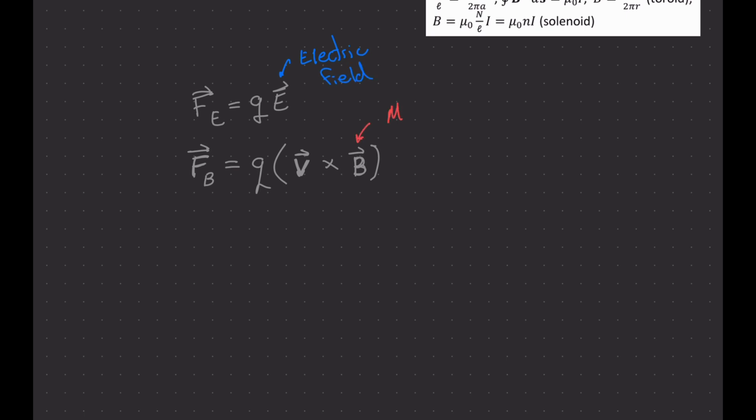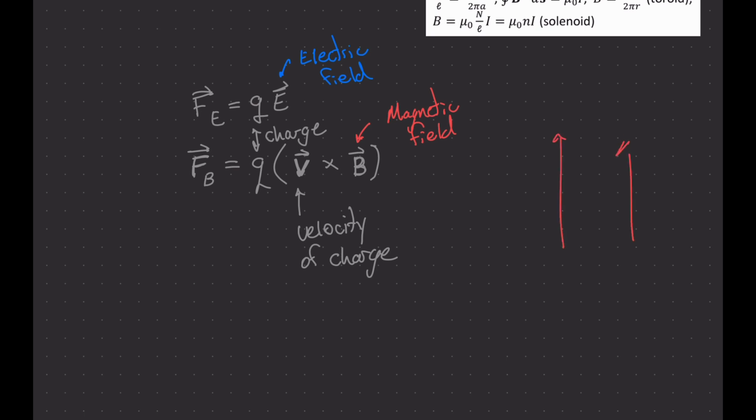This B is magnetic field. Cool. These two are charges. Charge. And this is velocity of charge. Cool. So there's magnetic fields. Let's say we have a magnetic field pointing up like this, and we have a little charged particle q which enters the magnetic field, and it has a velocity going this way.